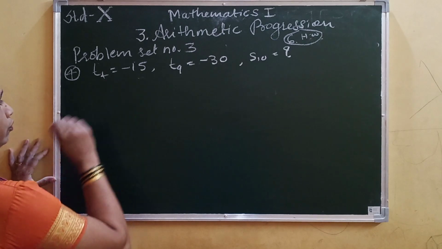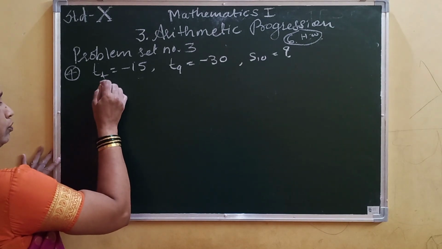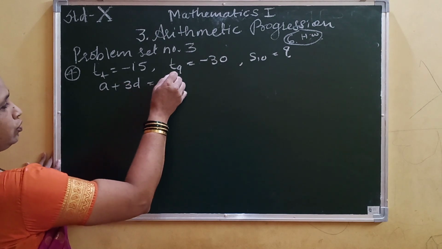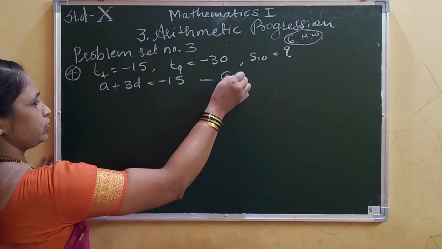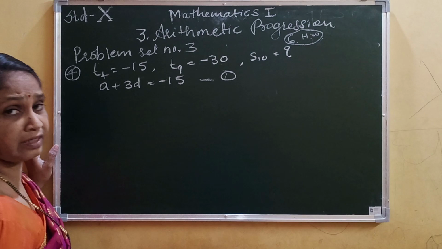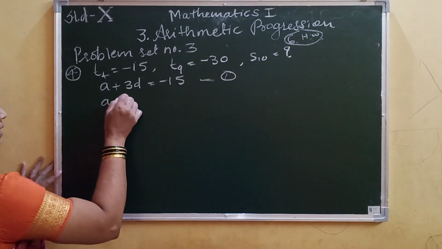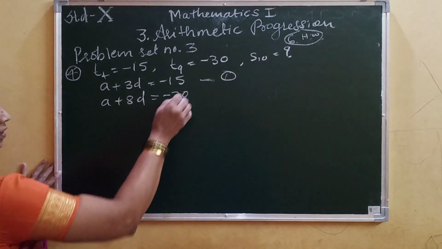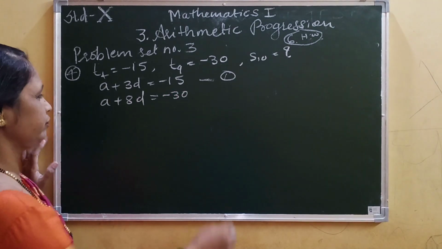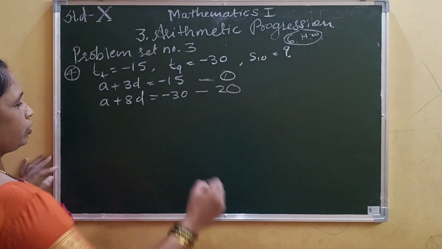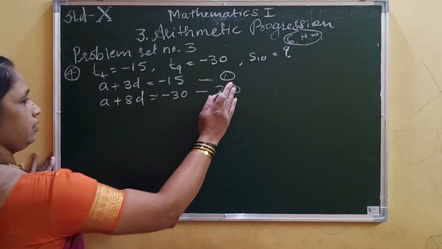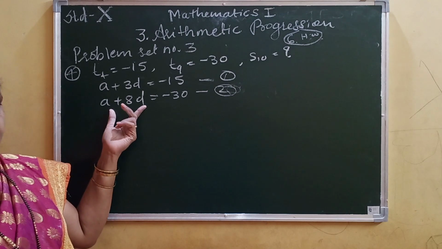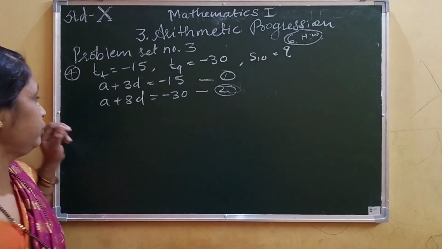Okay, now see, T4 is given. T4 means A plus 3D, which is equal to minus 15. This is one equation. And T9 means A plus 8D, which is equal to minus 30. Now these two equations we have got. This is bigger, so subtract 1 from 2.